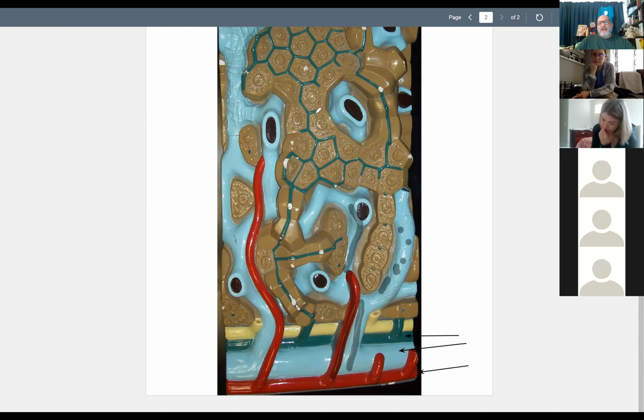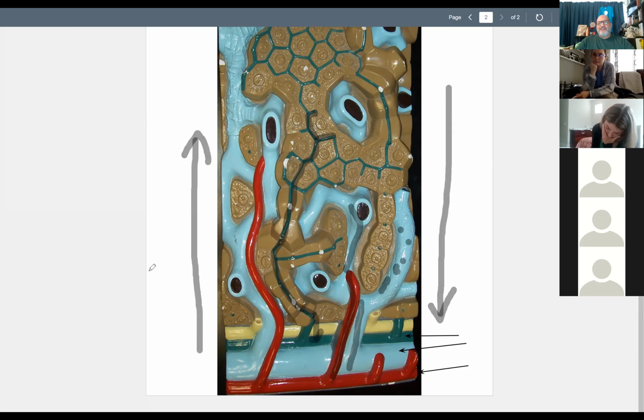Notice also the hepatocytes have their bile canaliculi that are collecting the bile and bringing that bile out to the bile duct. So remember, bile moves towards the edge, whereas our blood moves inward.